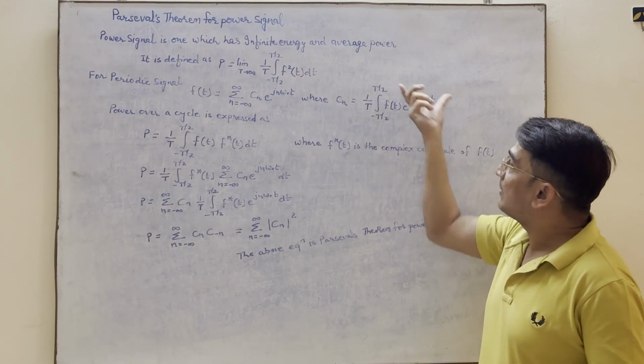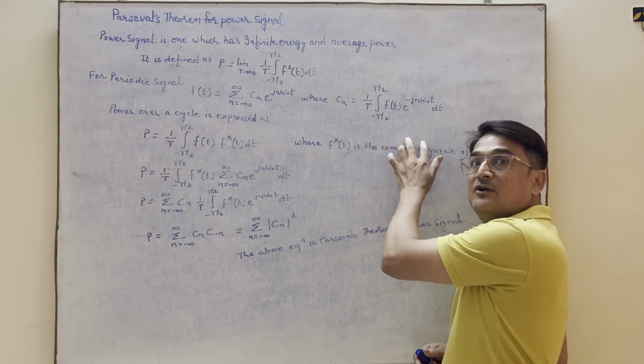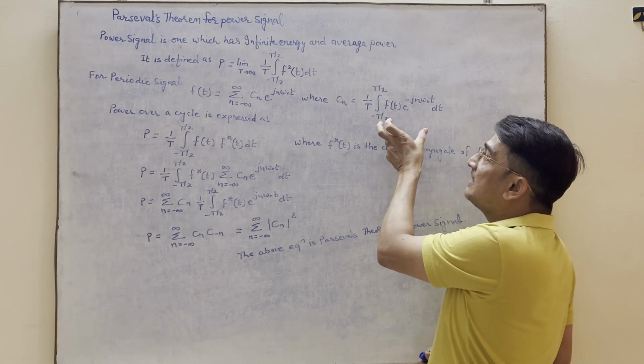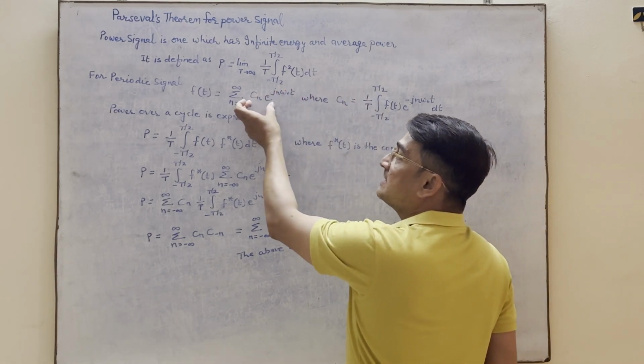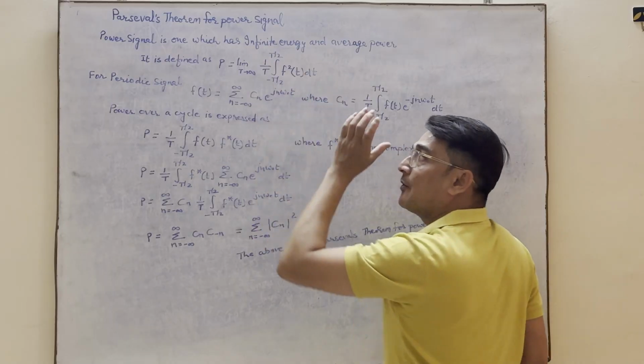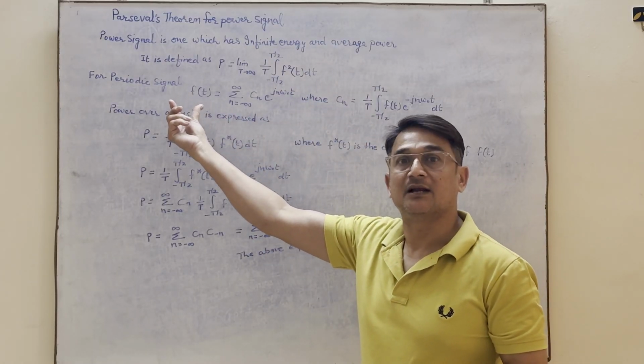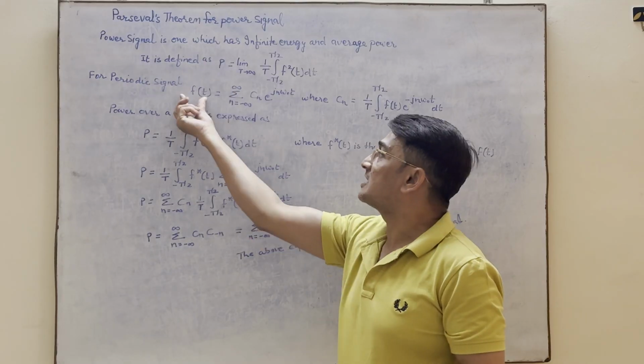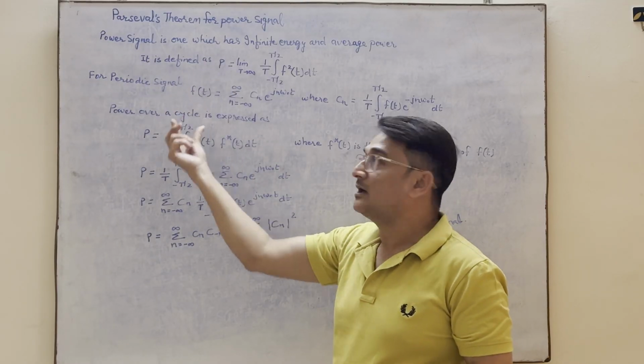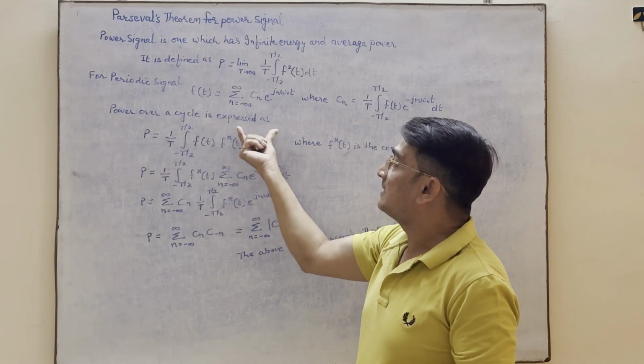By this formula we can calculate the value of Cn, and then this value of Cn will be put in this. So we will be forming our function for a periodic signal, and then we can calculate the Fourier transform of such function.